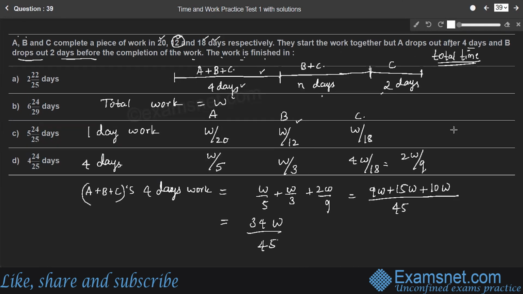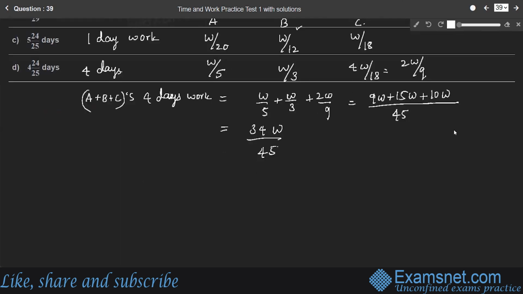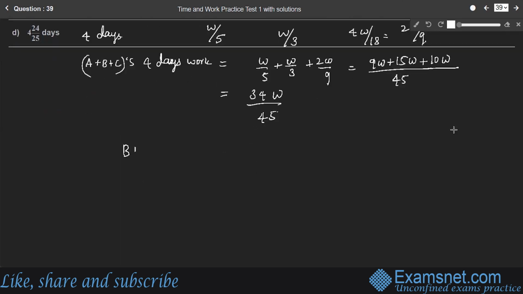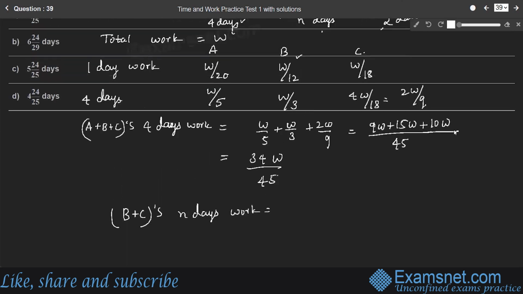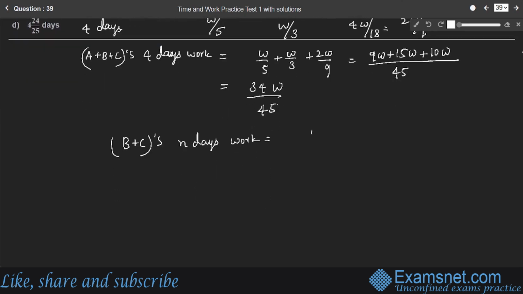And for n number of days, B and C work together. So B and C's n days work is equal to B's 1 day work, W by 12, plus C's 1 day work, W by 18, into n number of days.